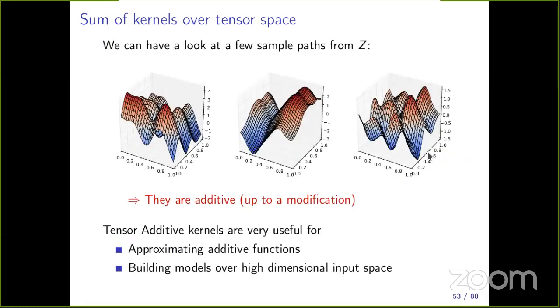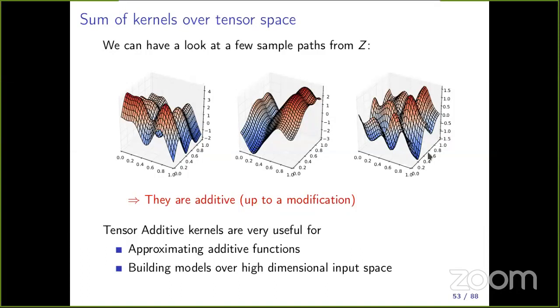So if we look at samples from this, we can see the samples are additive. So those are great if you want to approximate additive functions, because you're providing your model with a lot of information by saying that it should be constrained to model only additive functions.